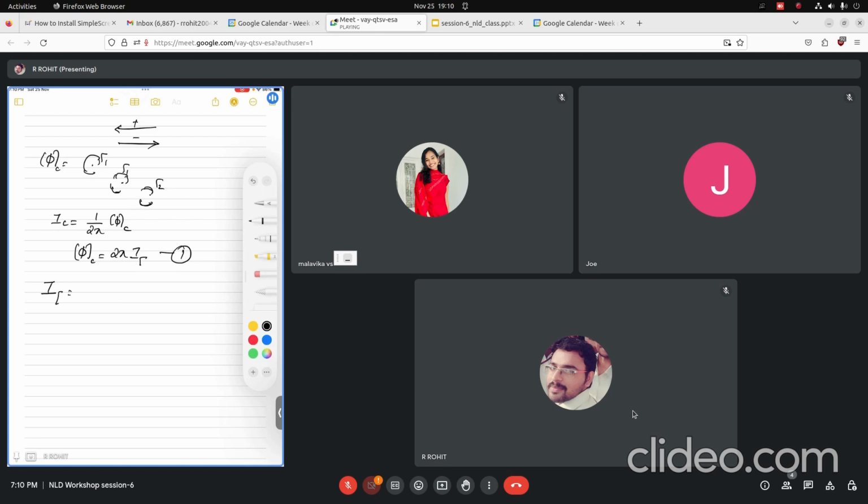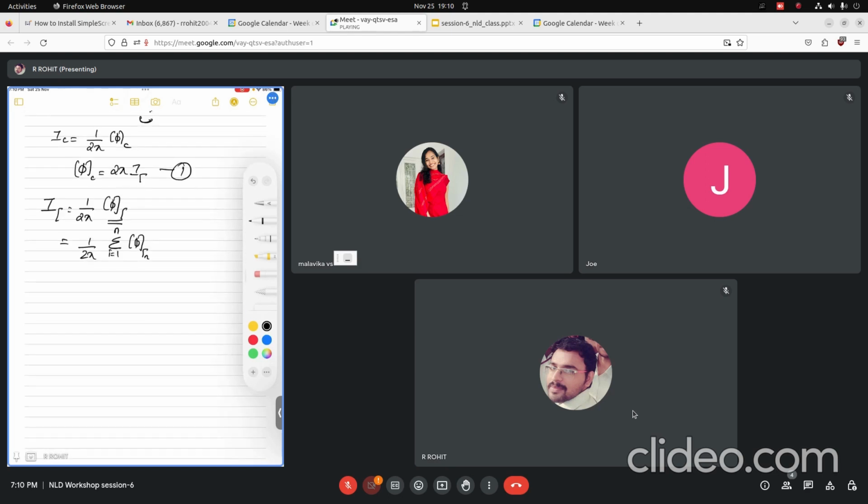we say that the total new curve's index will be 1 by 2 pi times phi of tau. This phi of tau, if you are having n number of fixed points, then it will be a summation from i equal to 1 to n of phi of tau_i, because you have n fixed points like that. But this phi of tau_i is nothing but whatever the 2 pi we have from this, i equal to 1, phi of c is nothing but 2 pi times the index of each fixed point.